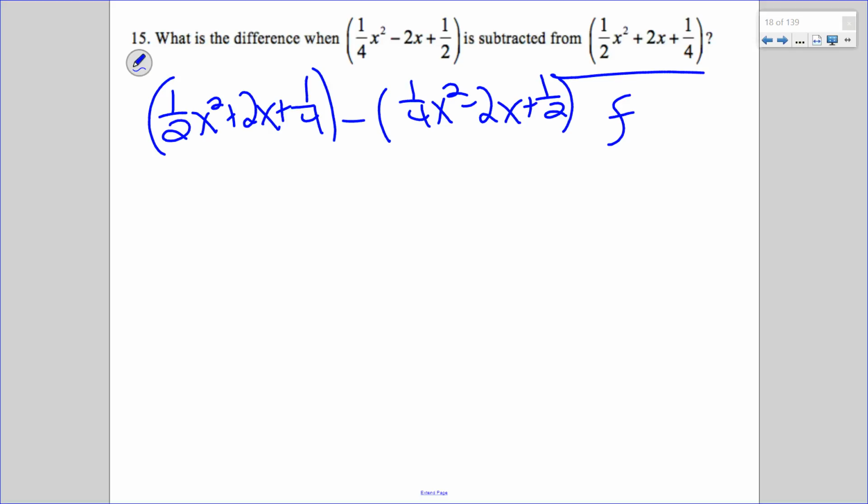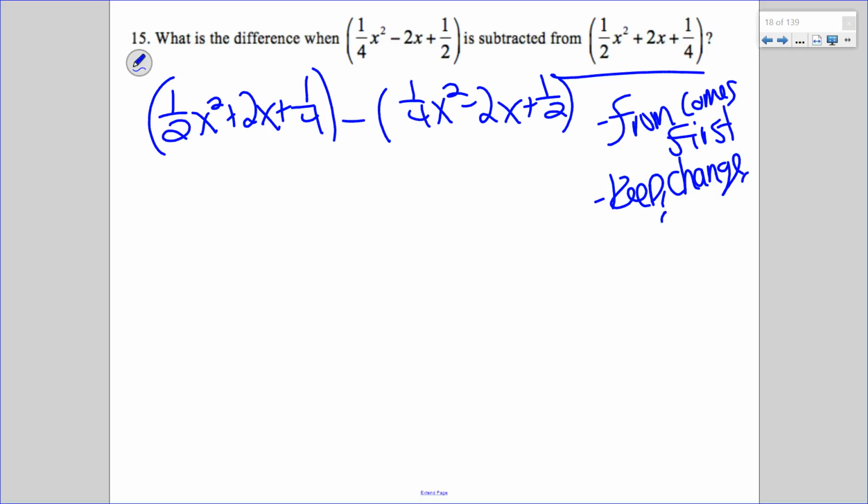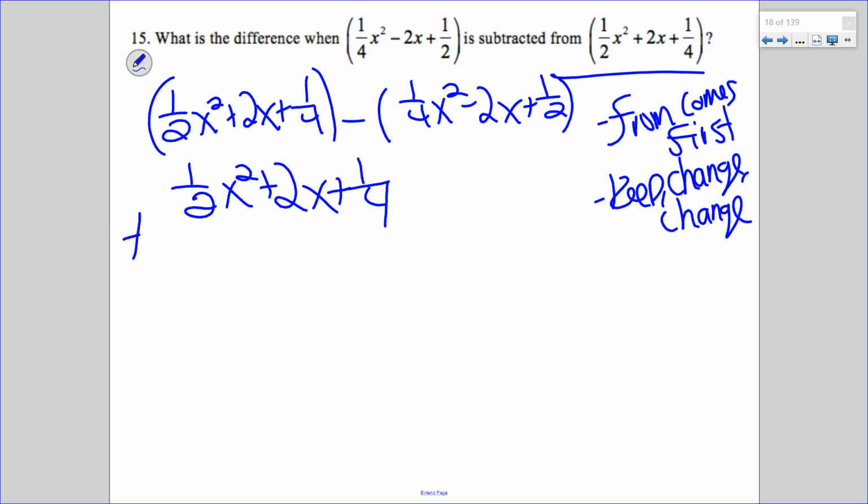So from comes first, and then keep change. Keep the first polynomial. Change subtraction to addition, and change everything in the second polynomial. So negative 1/4 x squared plus 2x minus 1/2.